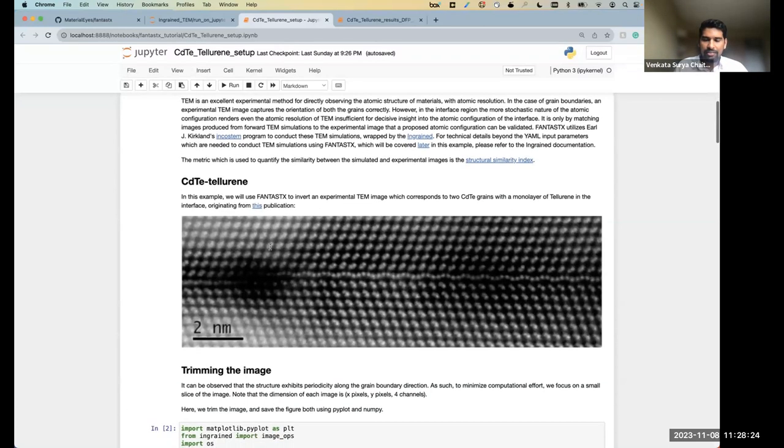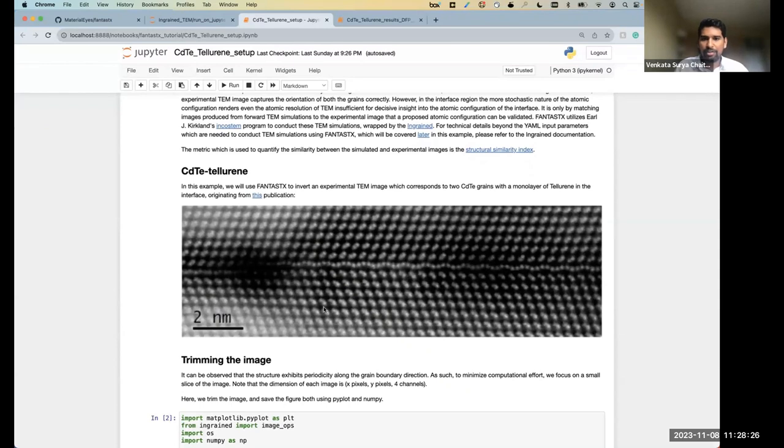So again, here we are going to show an example where we are going to find the interfacial structure in the grain boundary of cadmium telluride. So we'll start with the experimental TEM image here. Clearly, in this particular image, we have some regions with loss of information and noise.